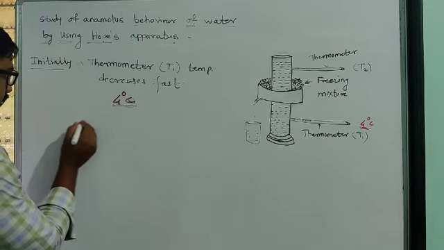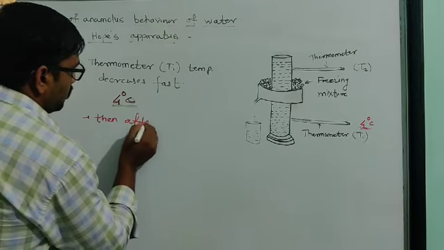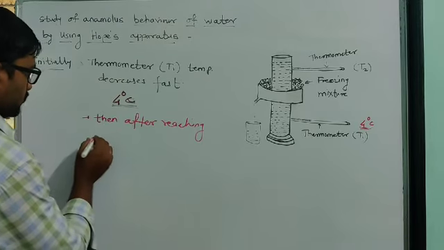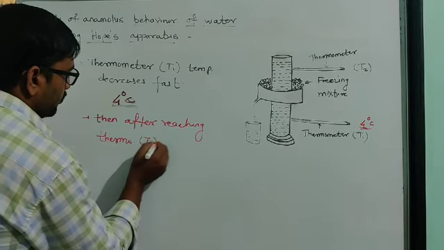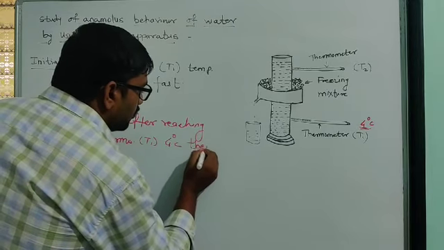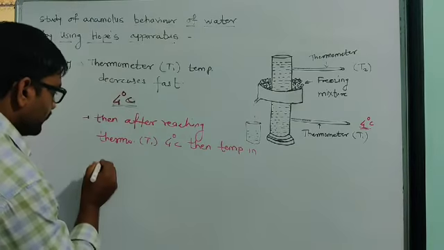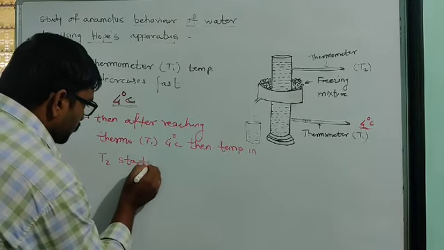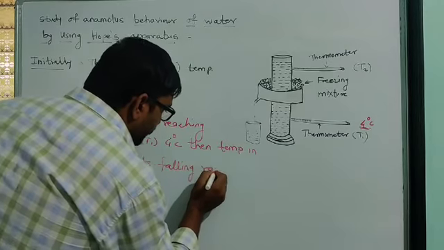Then what happens? After thermometer T1 reaches 4 degrees Celsius, the temperature in thermometer 2 starts falling rapidly.